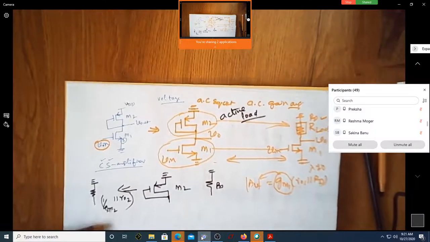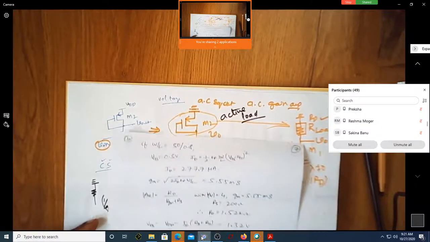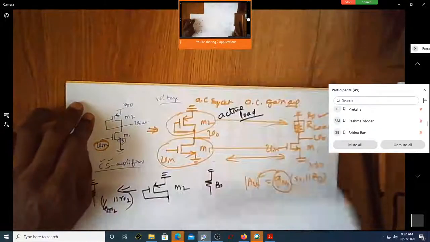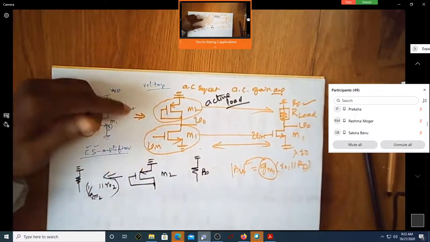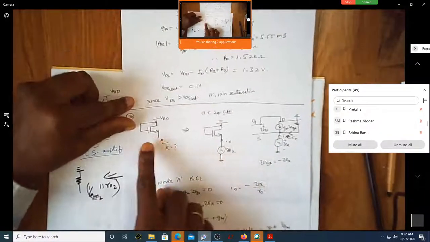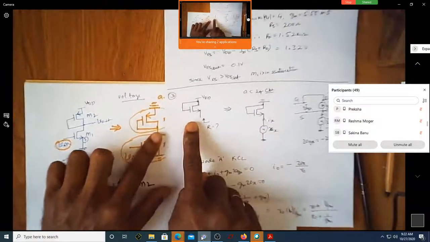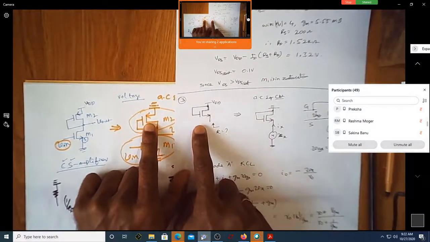Okay, let me just show that also. Let us try to understand what this circuit is. Is it similar to this here? See here, this is a PMOS transistor, but this is an NMOS transistor.